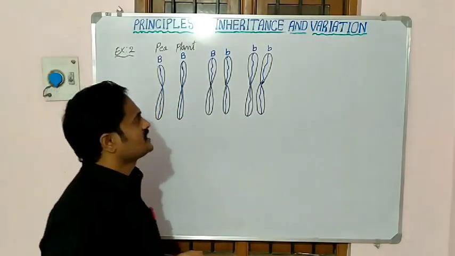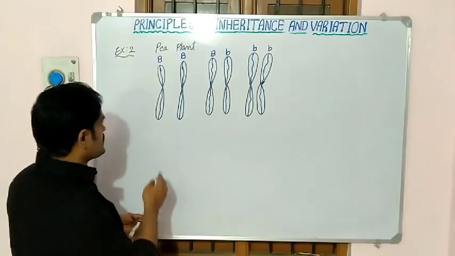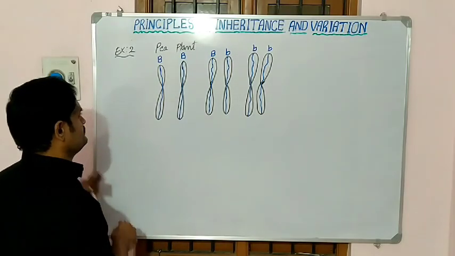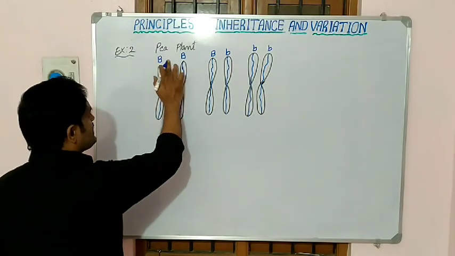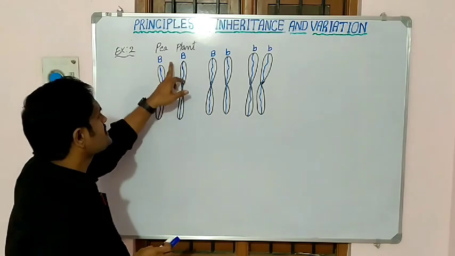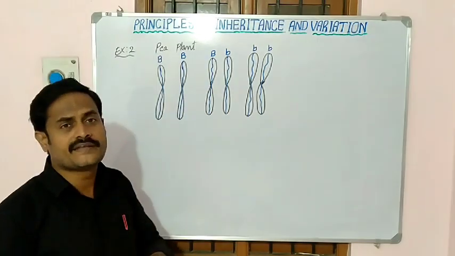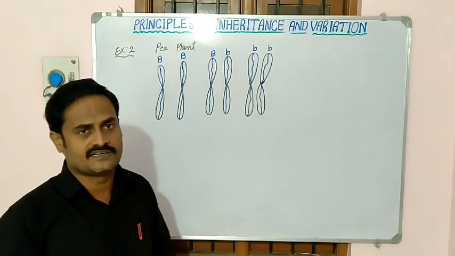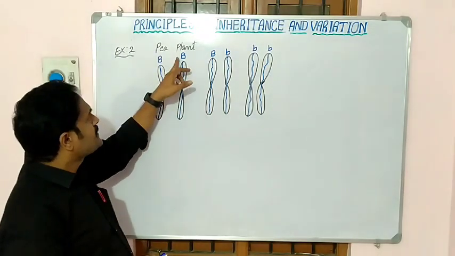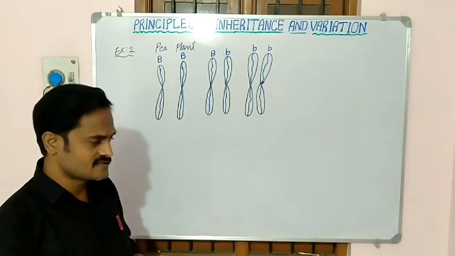How do they control more than one character? See, now I will draw here. First I will take capital B, capital B. These are the 2 alleles. From this, which is dominant? Both are capital, so capital B indicates a dominant character.